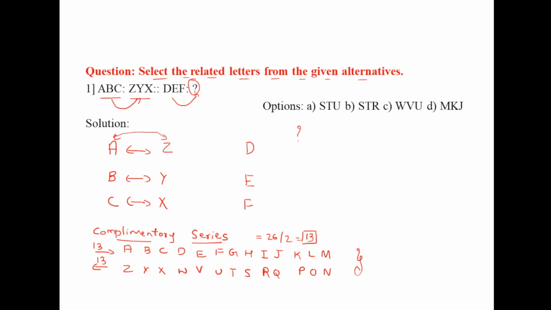So how to remember this complementary series? There is one story behind this. It looks like AZ, right? I have booked on Amazon a bike, its name is Crux, and it was delivered from Dwaraka.